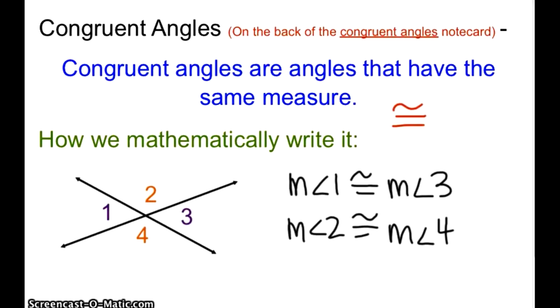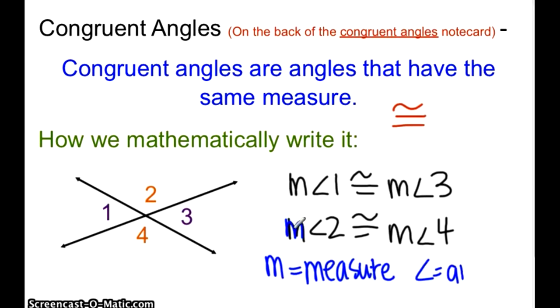And the measure of angle 2 is congruent to the measure of angle 4. This M means measure. This symbol means angle. And this symbol means congruent.